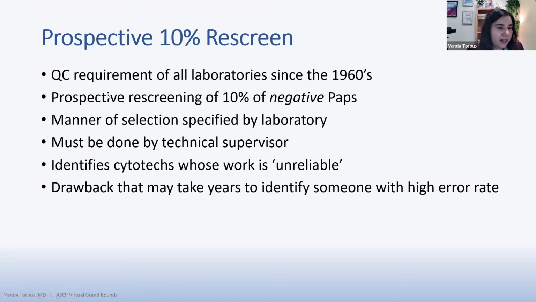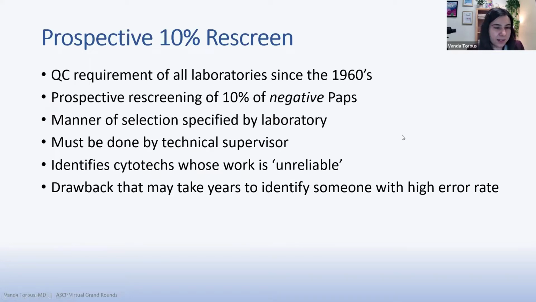So prospective means prior to sign out or finalization of the case. So this is where we could catch errors before it's finalized, and it's of negative Paps. So again, anything reactive or above will automatically come to a pathologist for sign out. So this is rescreening of those that are negative.